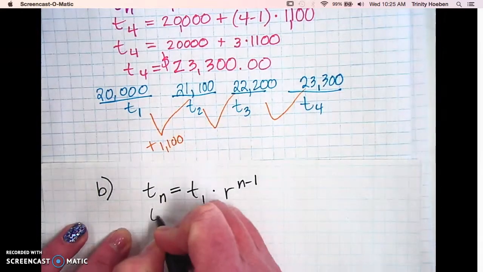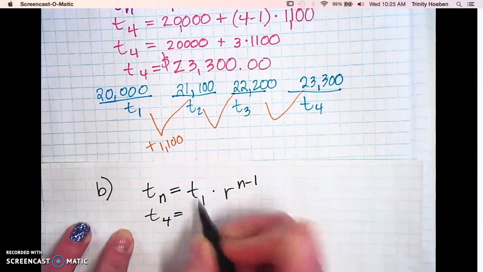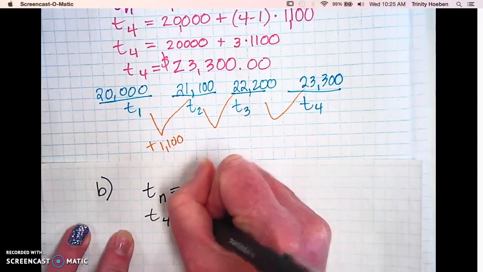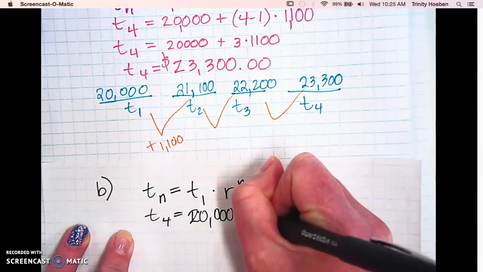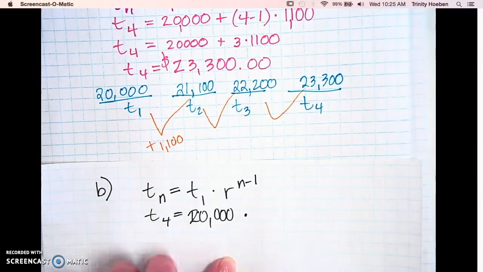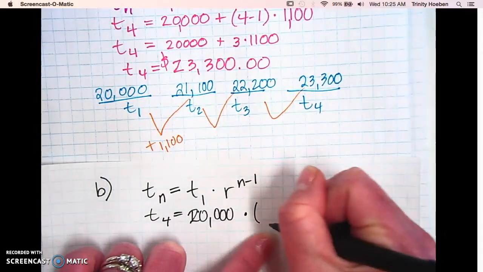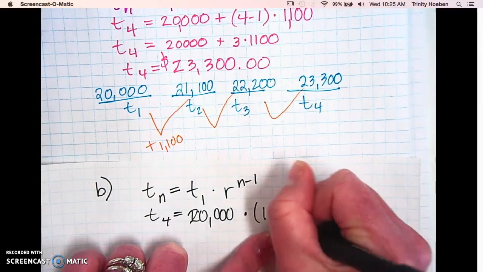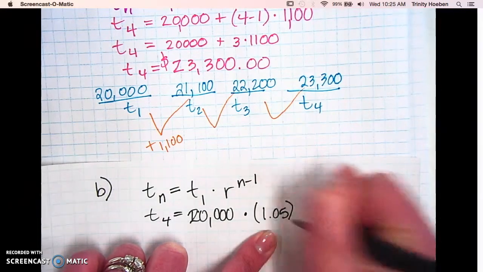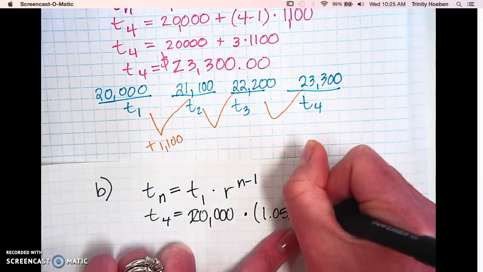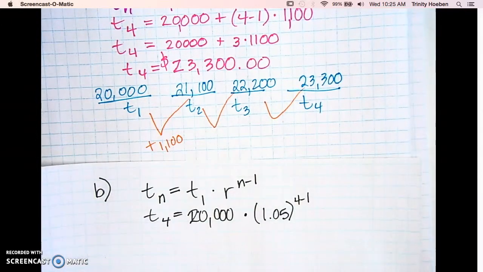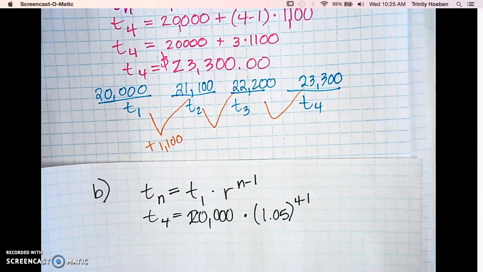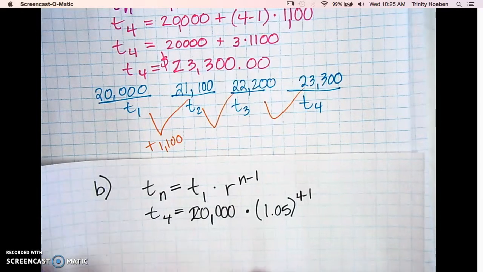So to figure out the 4th year, we're going to take his starting salary, I almost wrote 10,000, the 20,000, times the ratio, which in this case is his rate, so it's 1.05, to the power of however many years minus 1, 4 minus 1. Because the first year, he's not going to get a raise. The first year, he's just going to get the 20,000. Every year after that, he'll get the raise. Okay?